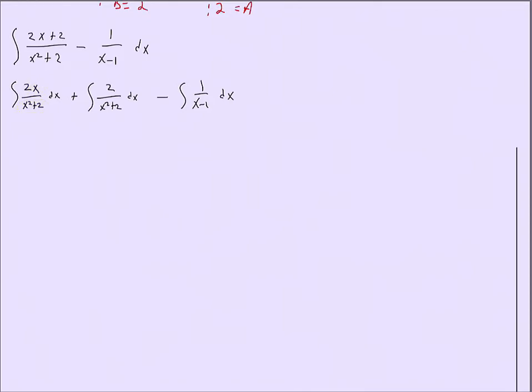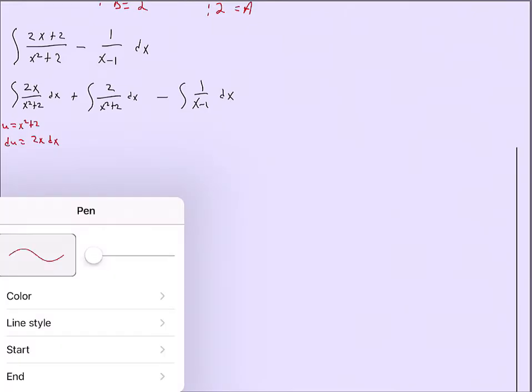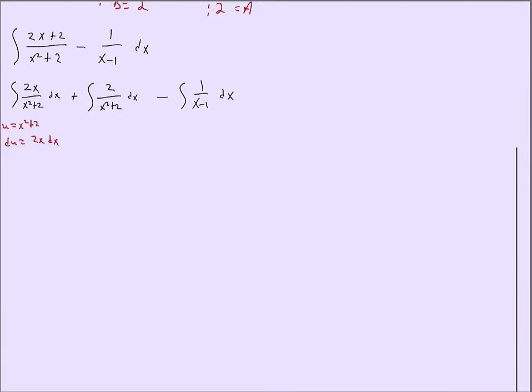Because if we say that x squared plus 2 is the u, the inside function, then we can say du is 2x dx. I don't even need to fix the coefficients here. Everything is perfect. I can just replace that with the integral of du, that's my 2x dx, over u. So I'll use the ln for that. That's great.